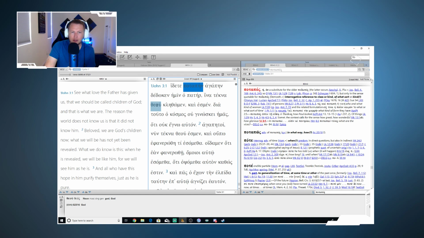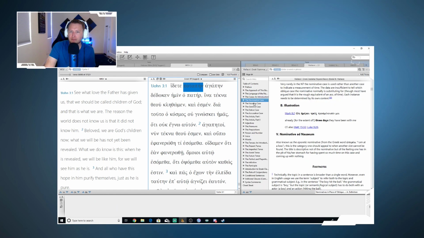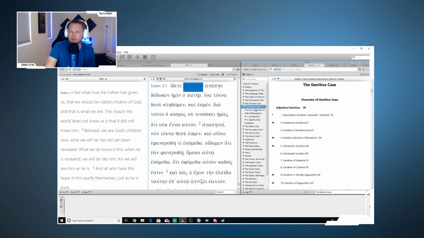Here's a genitive. Theou, tekna theou. In order that we might be called children of God. So, is it possessive genitive? Genitive of relationship?